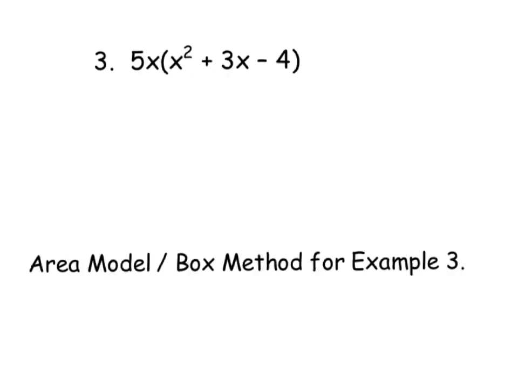In our last example, we're going to distribute the 5x through this polynomial, but then I'm going to show you another method, just previewing for you the box method for multiplying multi-term polynomials. So here I'm going to multiply the 5x times x squared.